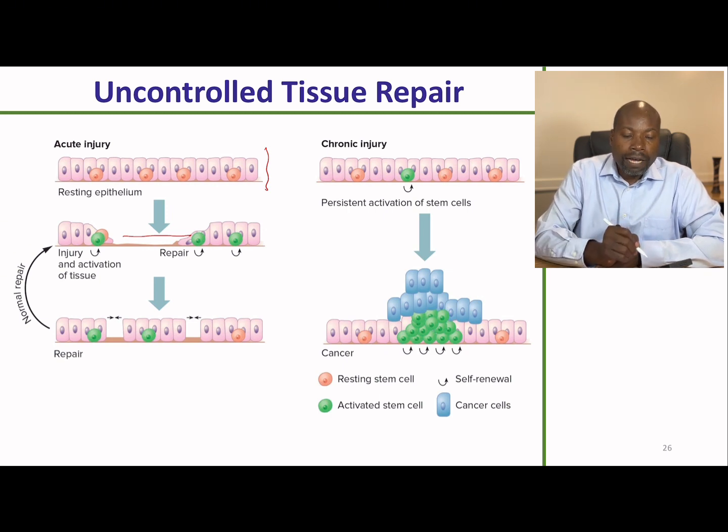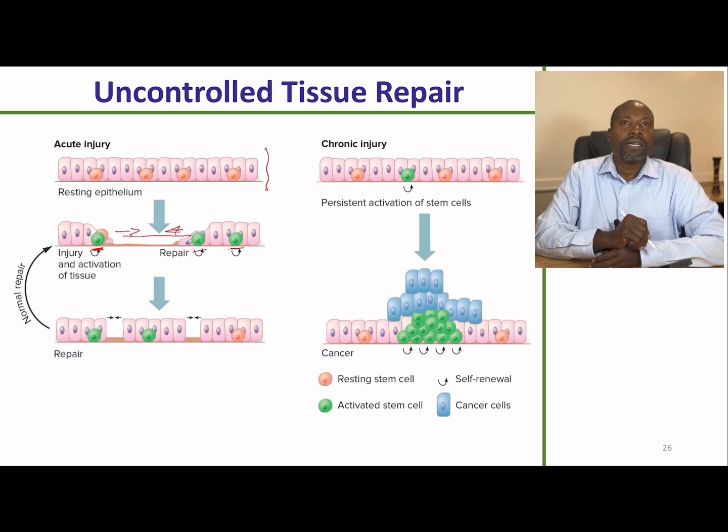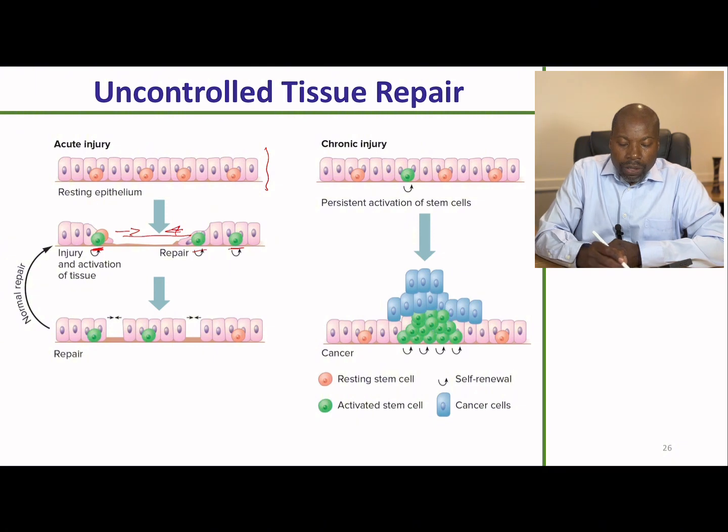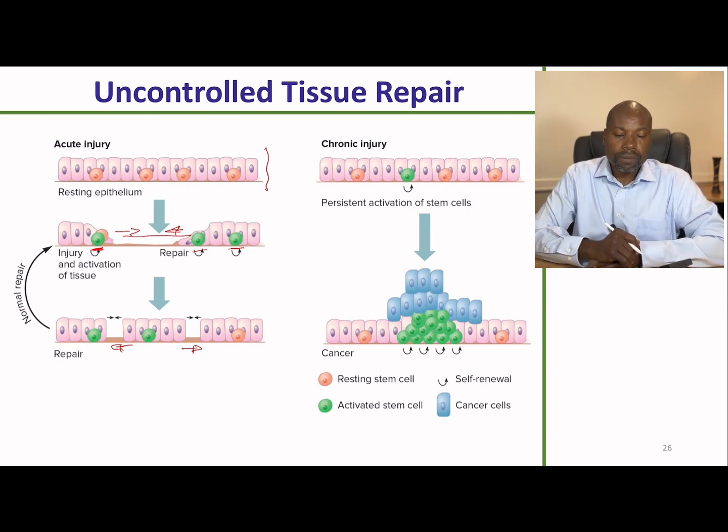So you're going to have that these cells here, after injury, are going to renew, right? They're going to renew and they're going to cause a closure of this affected area. So as a consequence of that, we're going to have replacement of dead cell by brand new cells. So that's normal, okay?